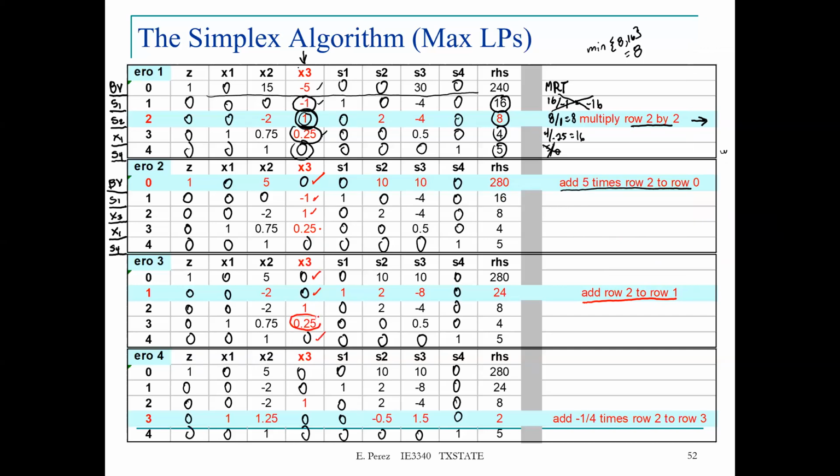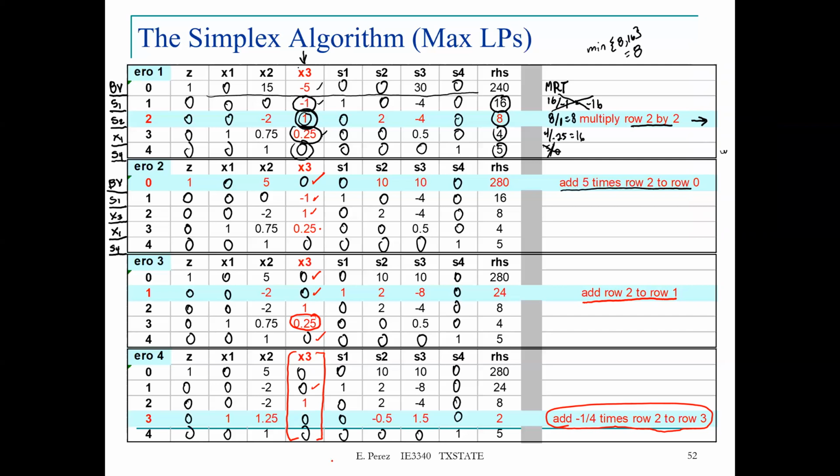Now this is what's left. So to make that equal to 0, I'm gonna add -1/4 times row 2 to row 3. And that's going to make this equal to 0. And now we have this column in the format that we needed.